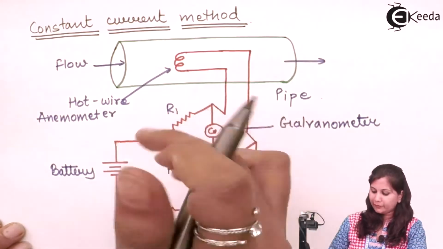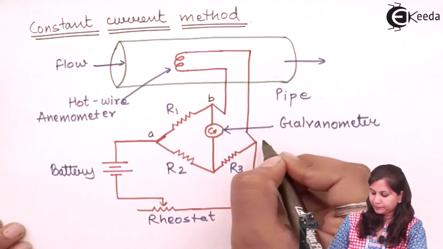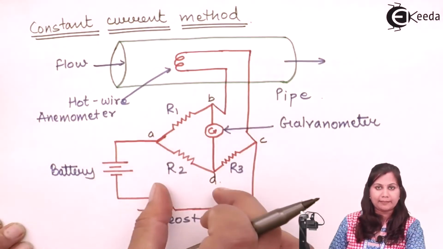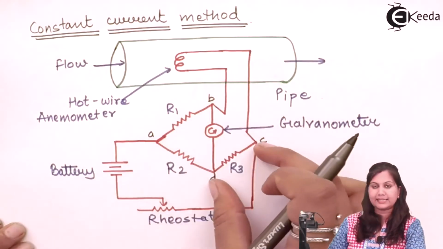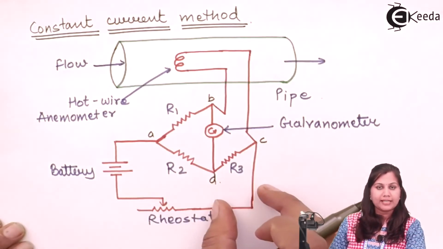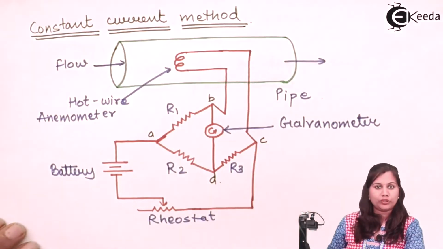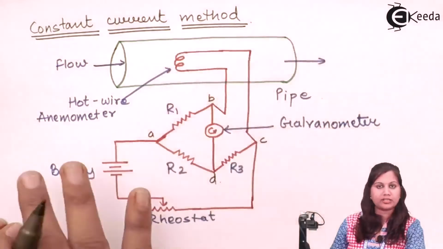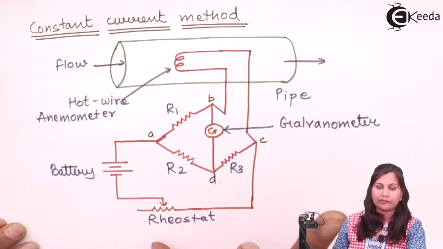That is, the AB and AD arms have the same potential drop, and the BC and CD arms also have the same potential drop. So voltage is not varied, and if voltage is not varied, it means that constant current is flowing through the wire.